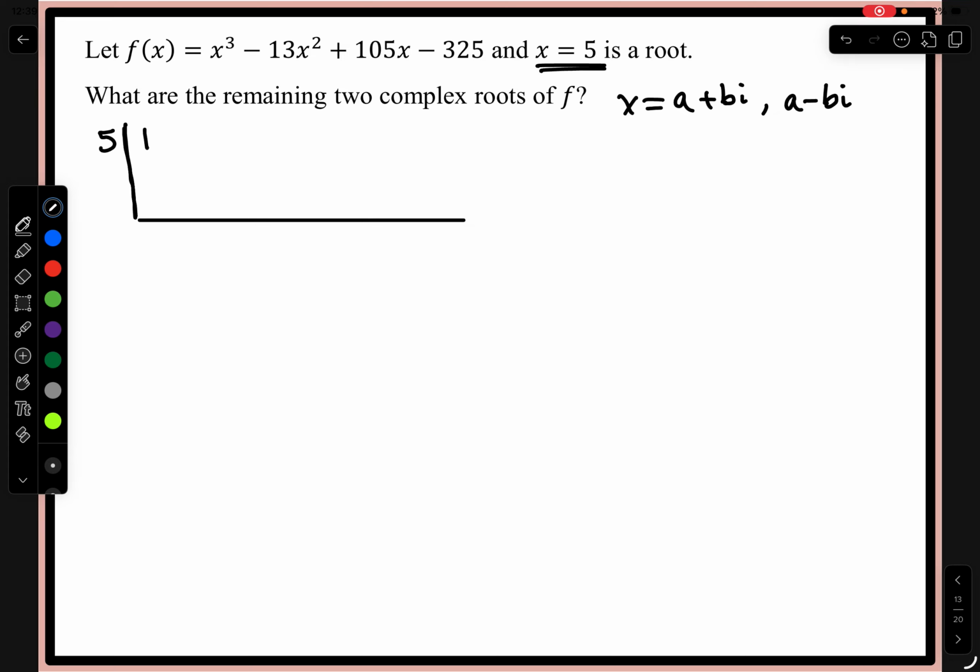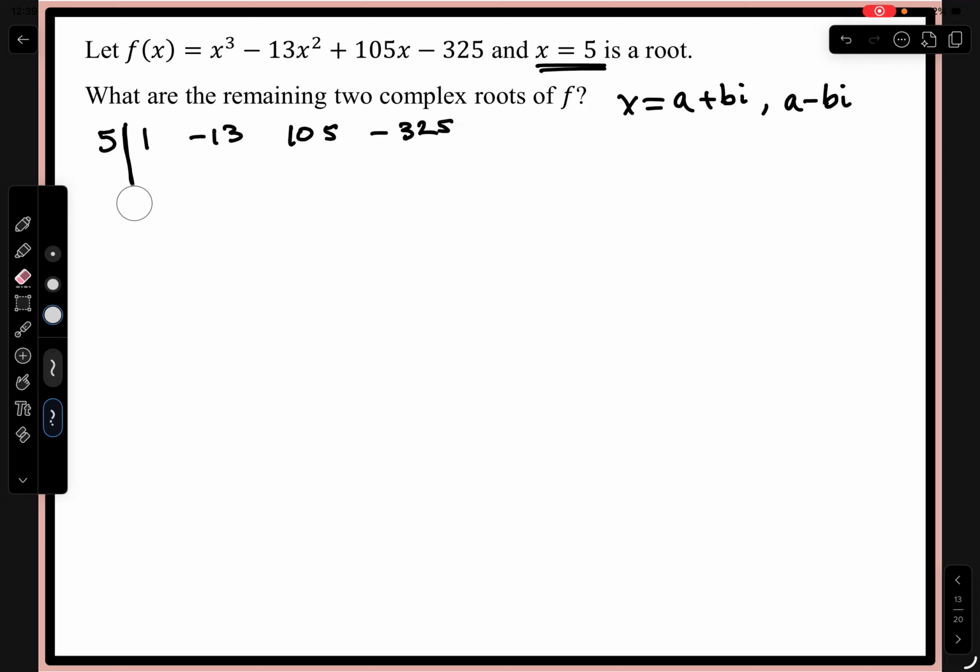So we're going to do 1, negative 13, 105, and negative 325. I don't need this to be that long. I'm going to bring down the 1. It's going to be 5. That's going to give us negative 8, because negative 13 plus 5 is negative 8.